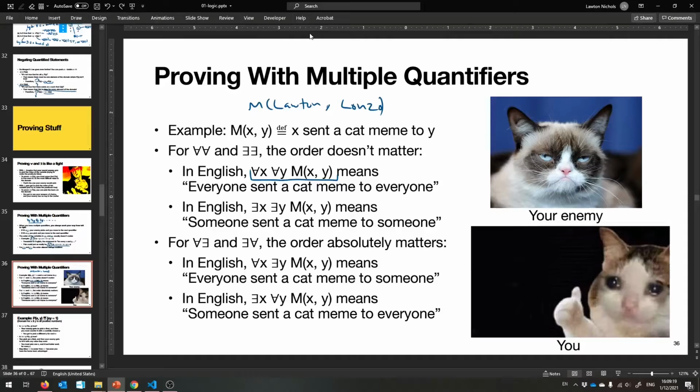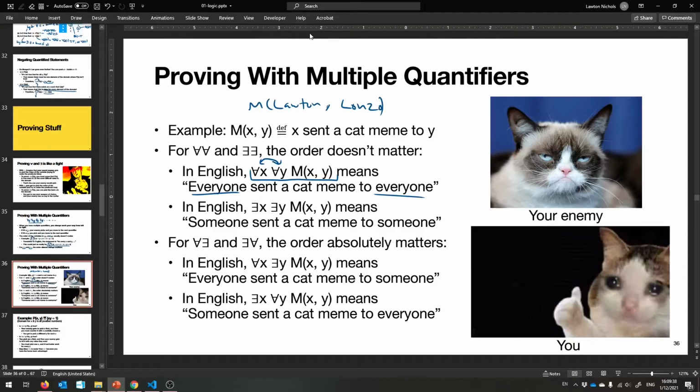M of xy is true for every possible x and y. Everyone sent a cat meme to everyone else. Hopefully you can see why swapping these doesn't really matter, because we'll pick the sender first instead of the receiver, or we'll pick the receiver first instead of the sender. That's the idea.